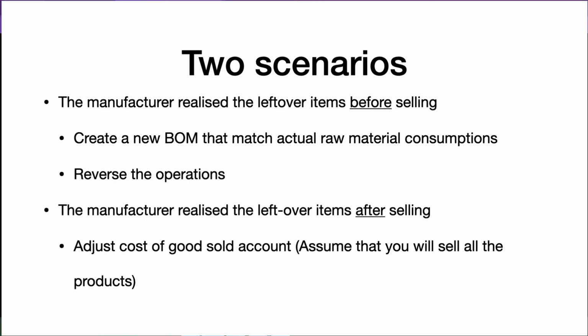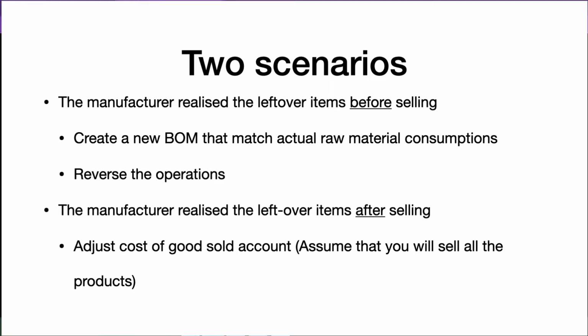We talk about two scenarios. First, when the manufacturer realizes the leftover item before selling. This one is very easy because you just put it into the stock and then you find that something is left over, so you don't need to do anything. You just create a new BOM with the actual raw material consumption rate. For example, in our example we use 8, but the BOM says 10.